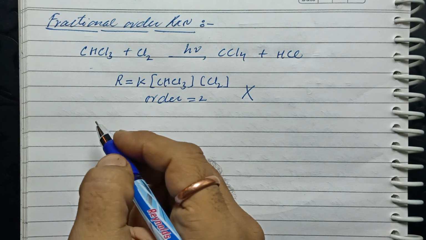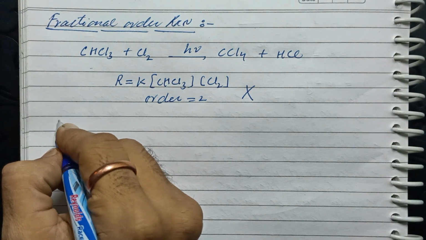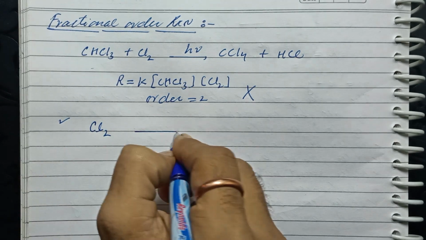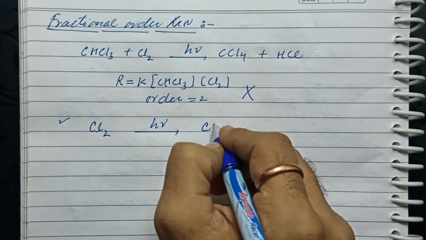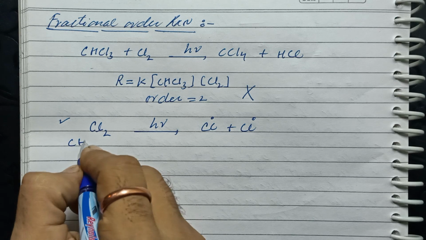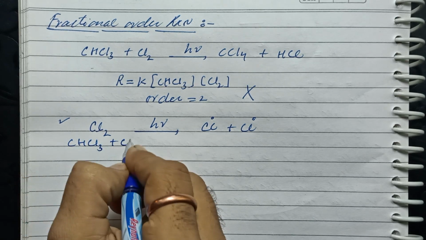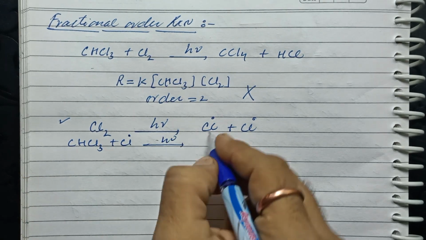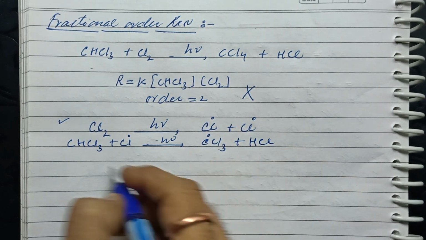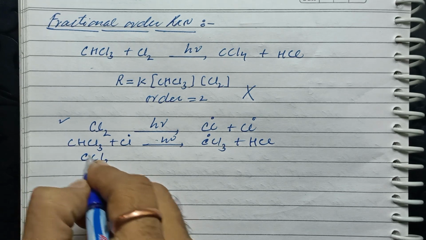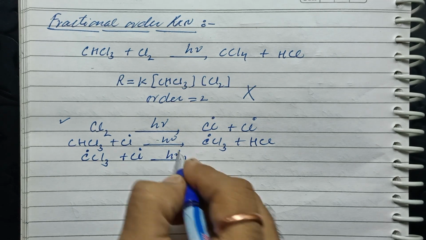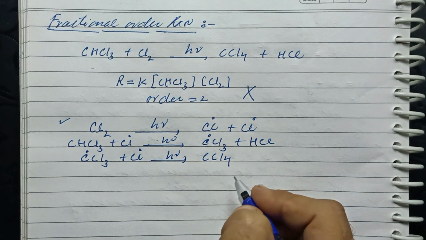But this is a fractional order reaction. We must know the steps in which the reaction is taking place. First of all, Cl2 gets split to form free radicals. Now these free radicals react with chloroform. It forms CCl3 free radical plus HCl. And this CCl3 free radical reacts with Cl free radical in the presence of sunlight to form CCl4.